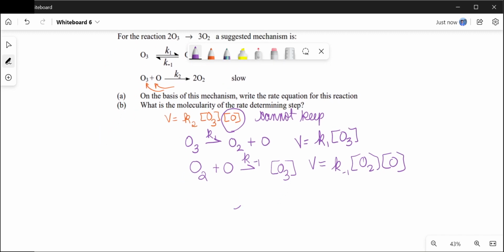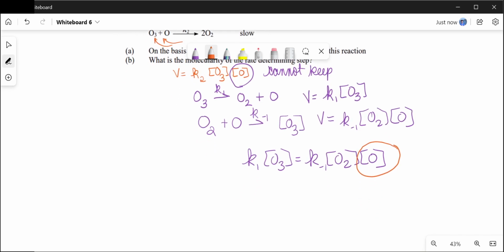So K1 times O3 equals K minus 1 times O2 times O. Here's my concentration of O, so I can solve for that. I take everything and put it on the other side: my K1 and my O3 stay on the left, and my K minus 1 and my O2 go to the other side.